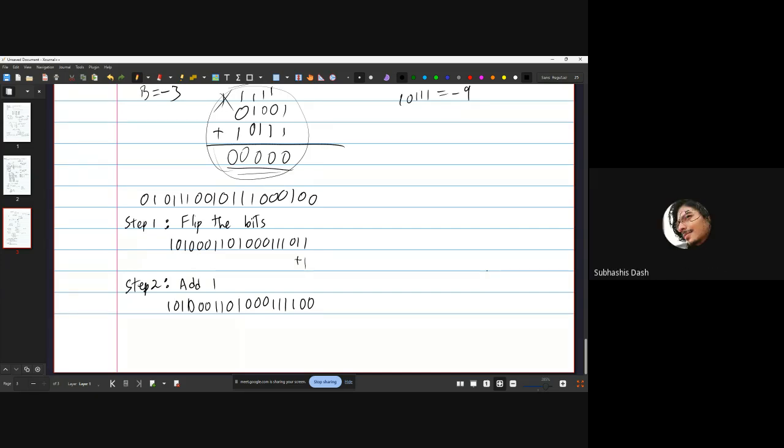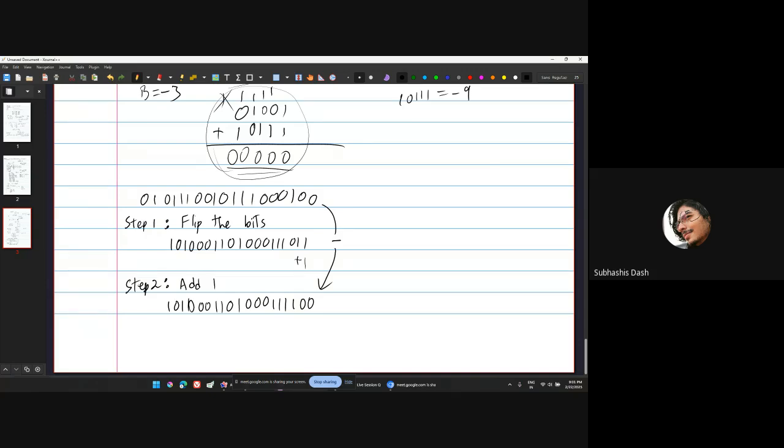So this is the negative of this one. That is not the right symbol; this is the right symbol. So this is essentially how we can quickly calculate the 2's complement.